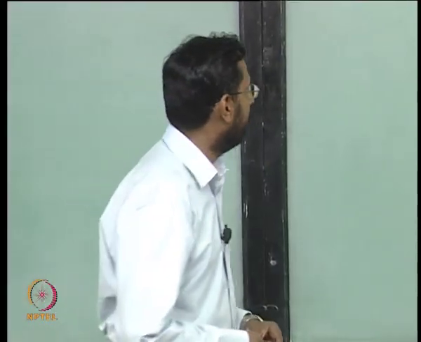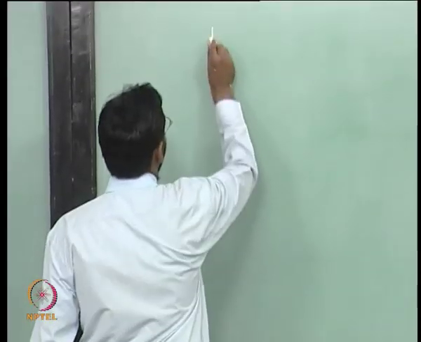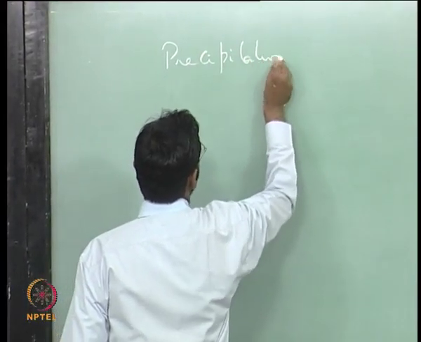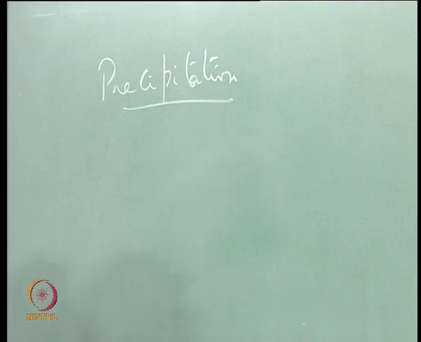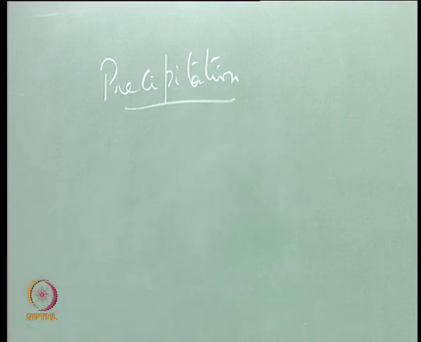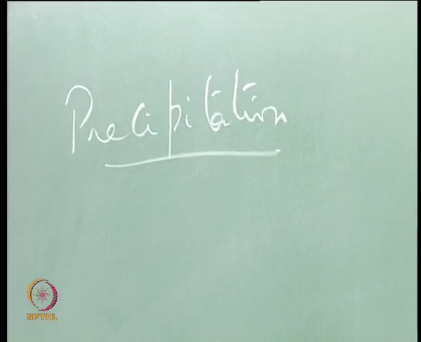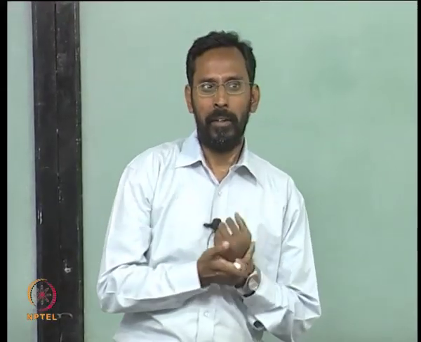We have been talking about solid state transformations, and we started with precipitation. We looked at the basics of precipitation, where the driving force is coming from, and also where the barrier for precipitation is.